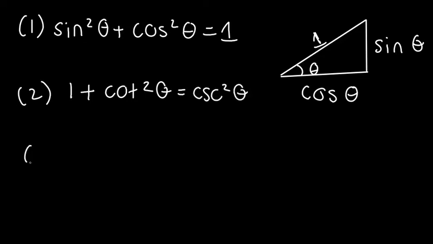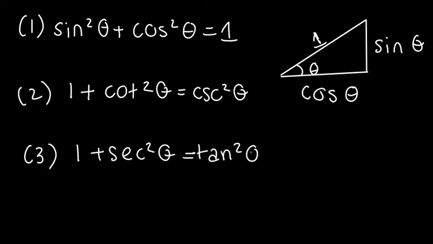And if we were to divide it by cosine squared theta, we would get the following: 1 plus tangent squared theta is equal to secant squared theta. So these are the three Pythagorean identities which we can plug in if we see any of these types of expressions. So let's get into limit computations.